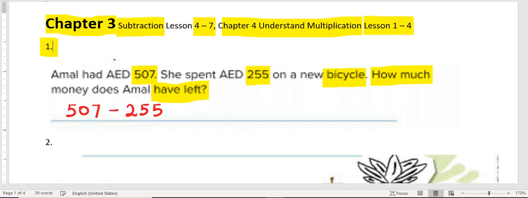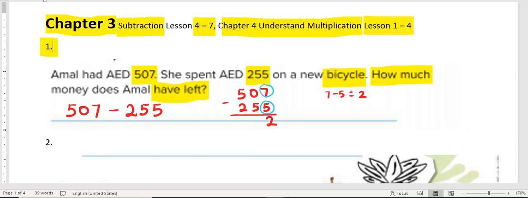So we're gonna subtract. Remember, we have to align each properly this way. Then you can subtract. Starting from the ones place with 7 minus 5, and 7 minus 5 is going to give you 2.